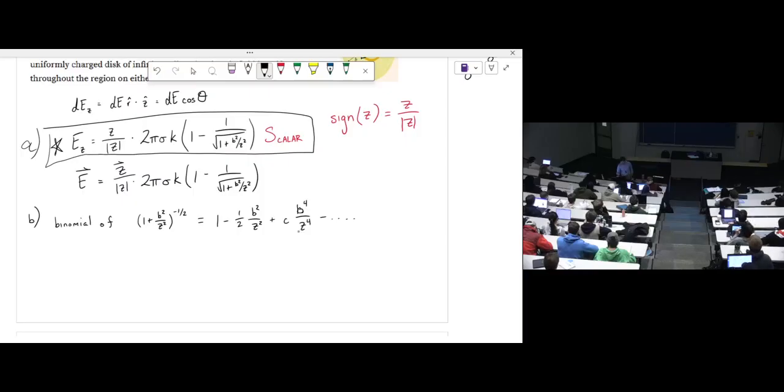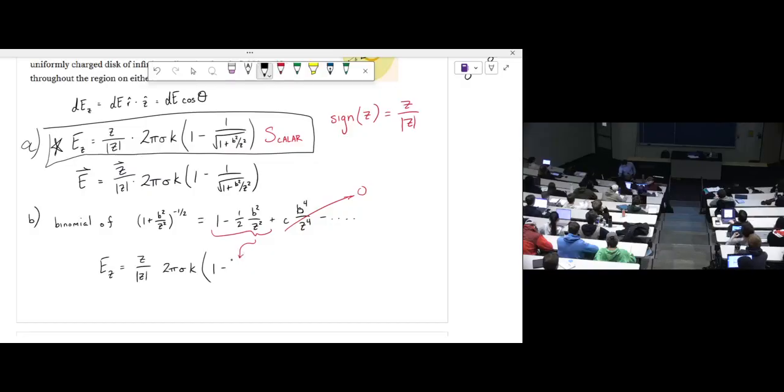But as you go further and further to infinity, these higher order terms are going to drop off very quickly to 0. And so we get E sub z is equal to z over z magnitude times 2 pi sigma k times 1 minus my expansion here.